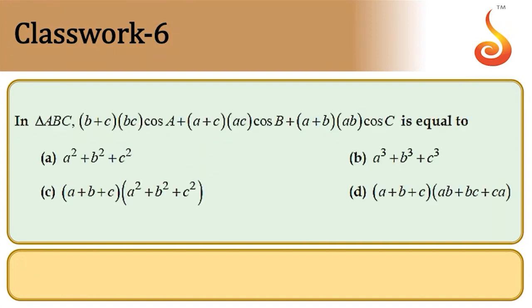Example 6. In triangle, (B plus C) into BC cos A plus (C plus A) into AC cos B plus (A plus B) into AB cos C. Simple one, in every case cos A, cos B, cos C, you have to put the value. So what is cos A? Cos A is B square plus C square minus A square by 2BC.